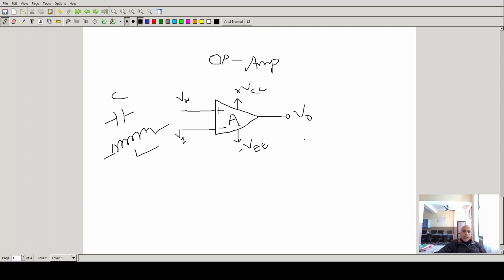Here the operational amplifier will serve two purposes. One purpose is it will amplify the signal that is going to be filtered. The other thing is that any kind of disturbance, noise, or undesired signal present in the signal will also get blocked by the operational amplifier, because this is a property of an operational amplifier.